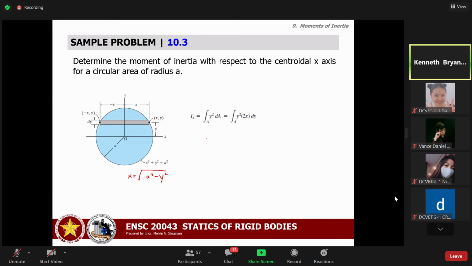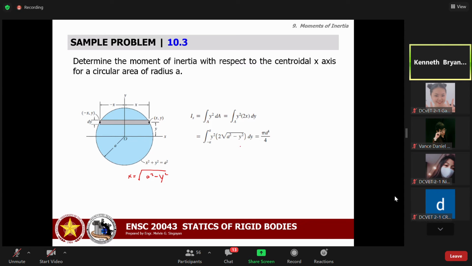Replacing x by its equivalent, we have the integral of y squared times 2 times the square root of a squared minus y squared dy, for the area from negative a to a. That is equal to pi a to the fourth over 4.